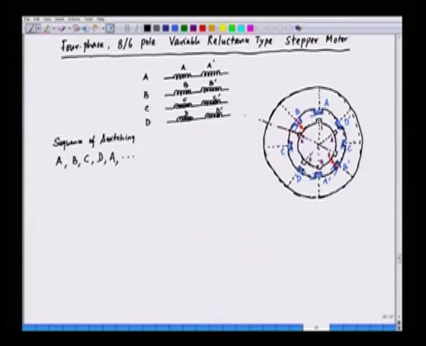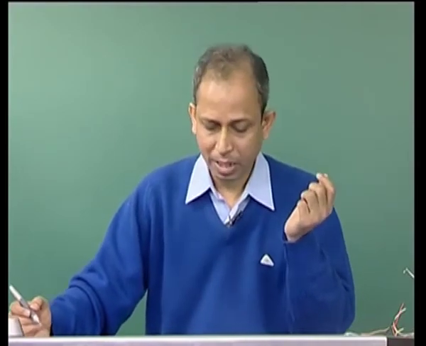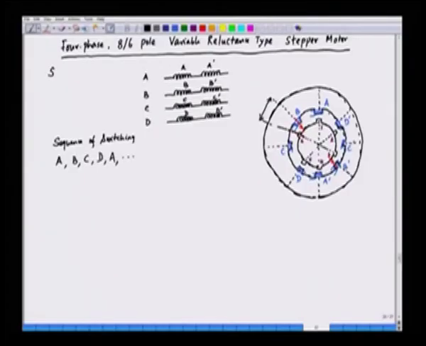The angle by which the rotor will move: the stator pole pitch is 45 degrees. The stator has 8 poles, so the stator pole pitch is 360 divided by 8, that is 45. What about the rotor pole pitch?